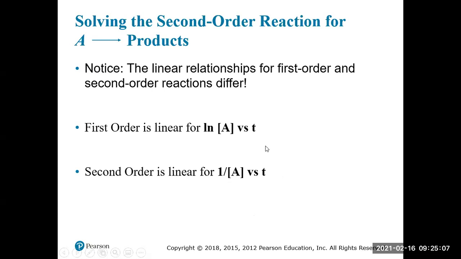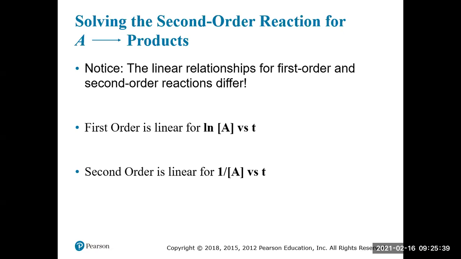And this is a real easy way to see if your reaction is first order or second order. You do this first order plot, natural log of A versus time. If it's linear, then you know you have first order. If you do that plot and it's not linear, then you know it's not first order. If you do 1 over A versus time, and that's linear, then you know you have a second order reaction.